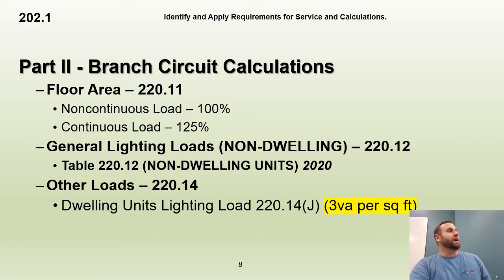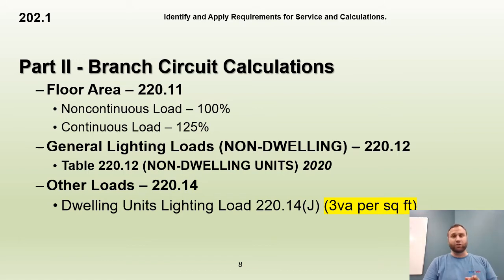Floor area. Floor area we discussed in earlier lessons when we were talking about general lighting load. We will still be using floor area for our calculations for general lighting. Floor area is again the measurements of the livable space based on the outside perimeter. So whether that's living spaces, living rooms, bedrooms, you name it, the inside of the house.